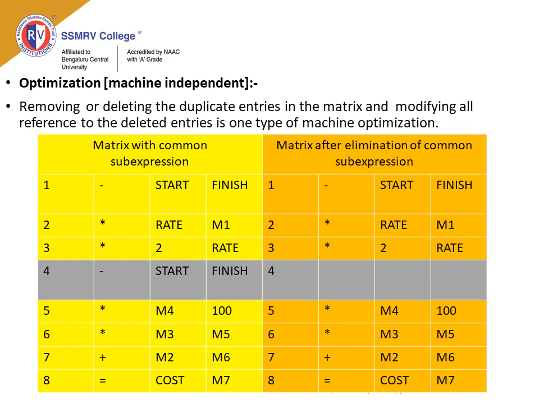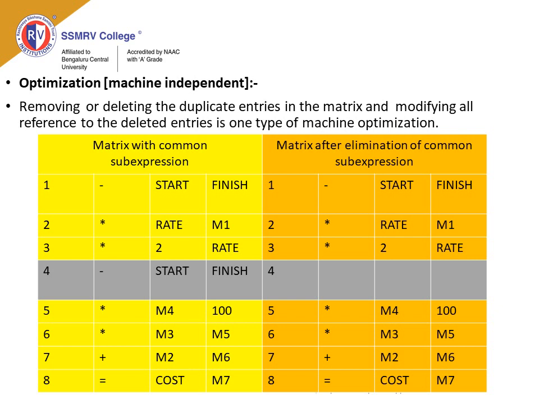Optimization, machine independent: removing or deleting the duplicate entries in the matrix and modifying all references to the deleted entries is one type of machine independent optimization. Consider a table with common sub-expression and the matrix after elimination of common sub-expression.